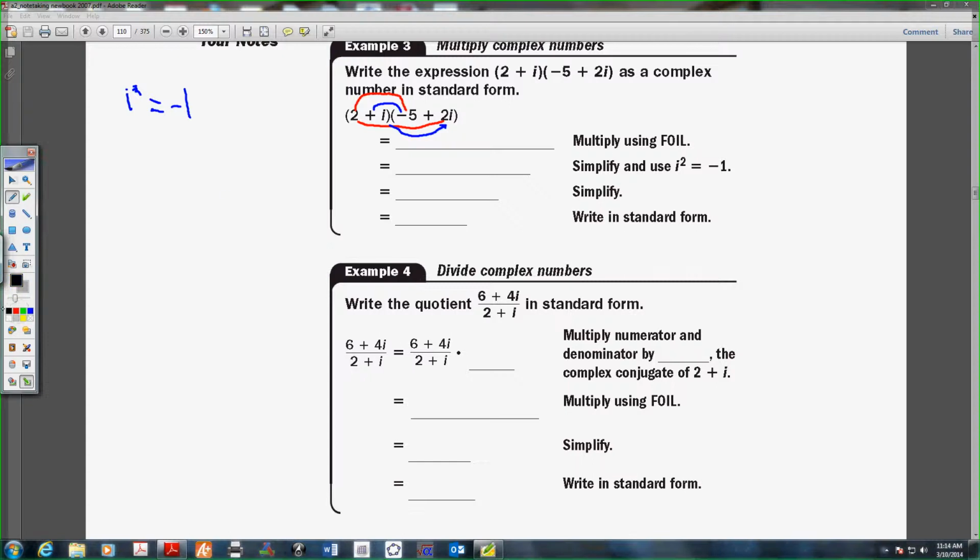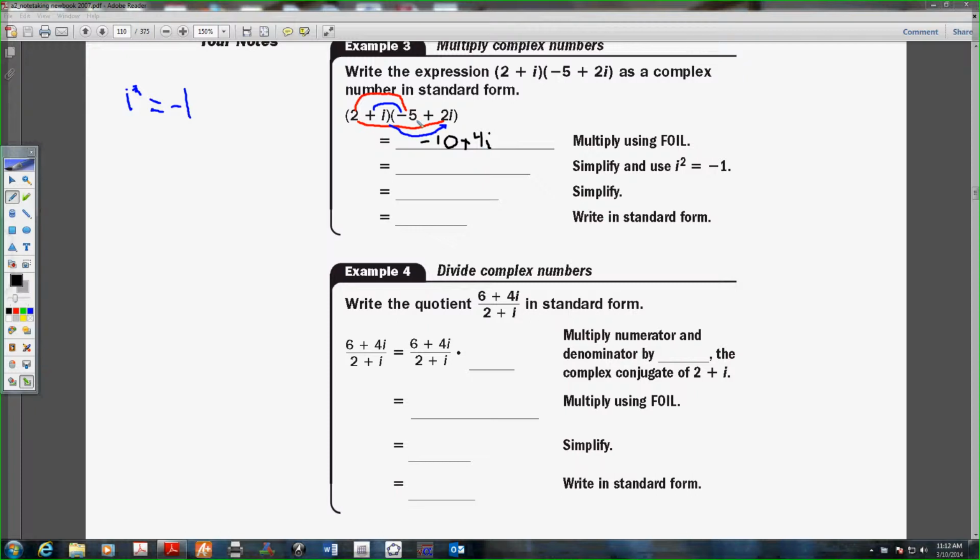So now let's proceed. We know we're going to have to do the double distribution, or FOIL. 2 times -5 gives us -10. Then 2 times 2i gives us plus 4i.